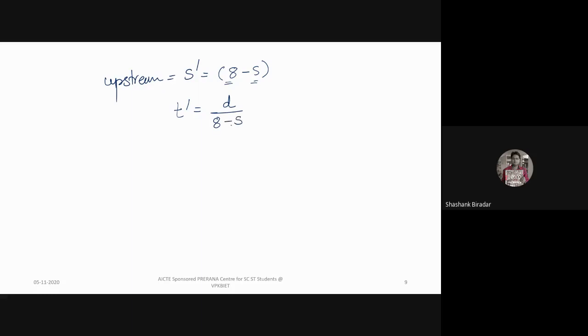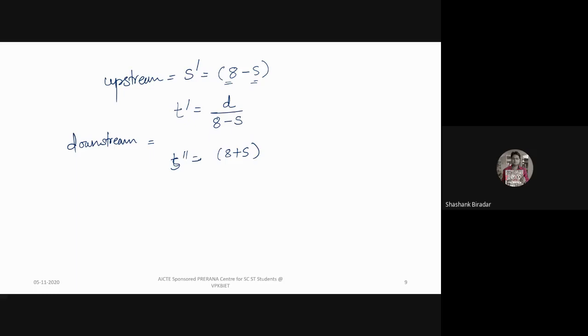For downstream, we are having T double dash or S double dash. It is 8 plus S, because the still water velocity is in addition to the stream velocity.